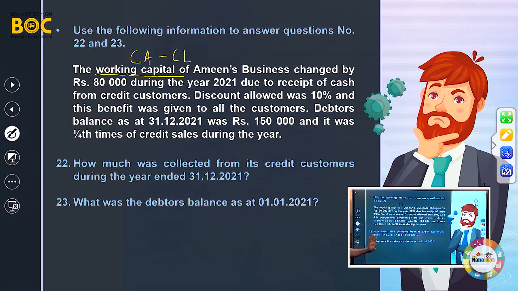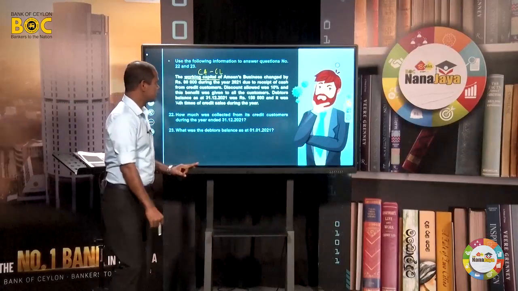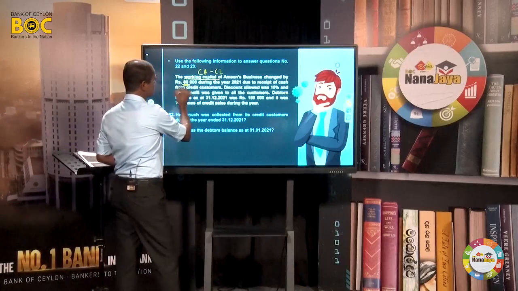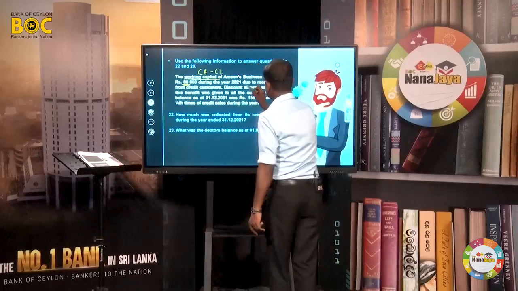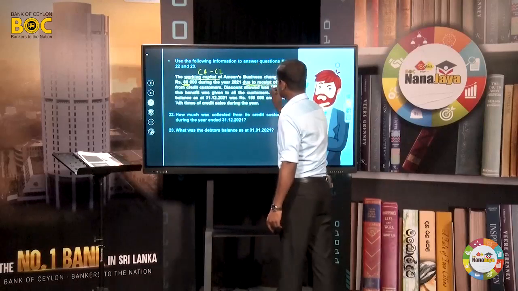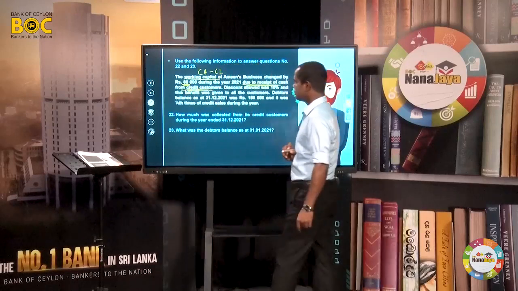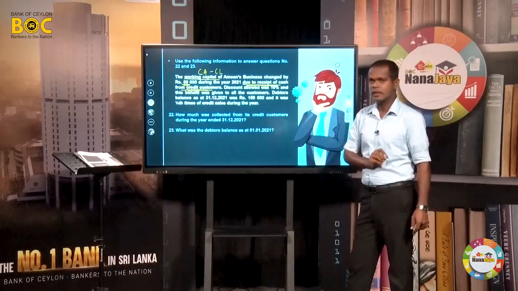The working capital of this business changed by 80,000, due to what? Due to receipts of cash from credit customers. The credit customers mean your debtors.